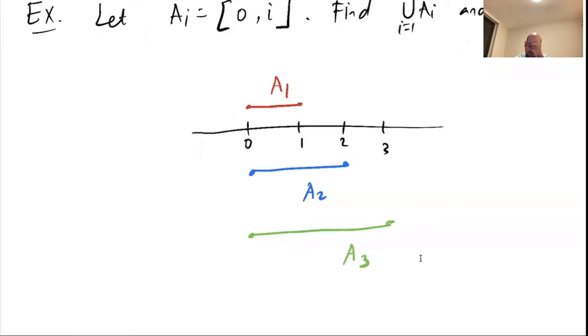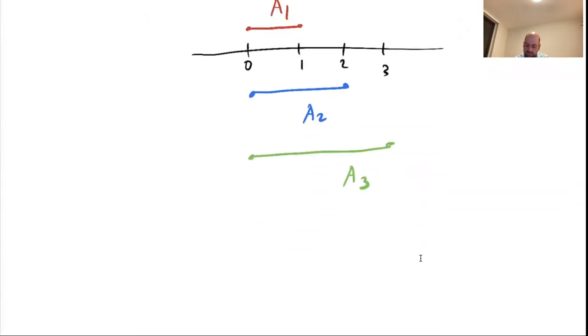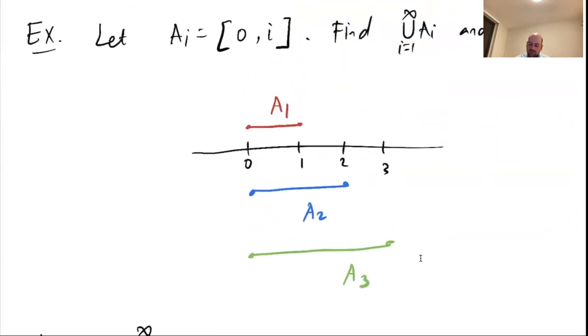Now what is the union here? Let me say the claim is about the union of AI, I from 1 to infinity. What do you think the union would be? We are taking the interval 0 to 1, union 0 to 2, union 0 to 3, and so on.